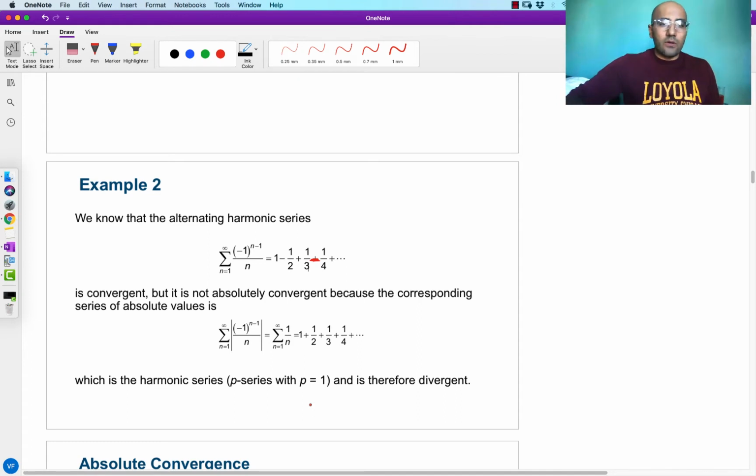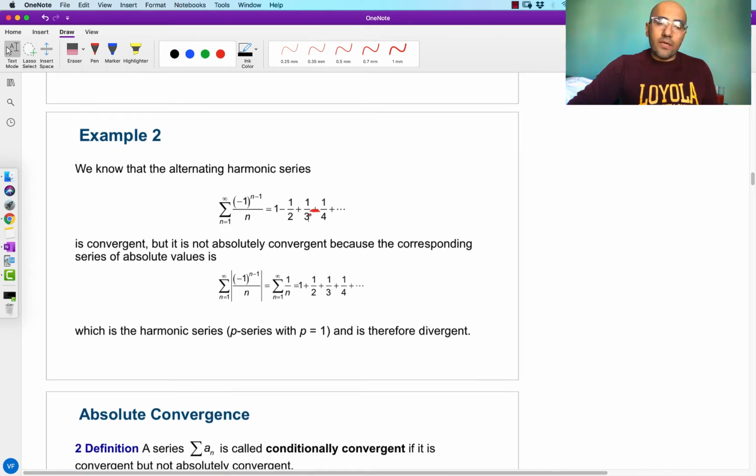So here we have a case where we know that the alternating harmonic series does converge. We've already established that by the alternating series test. But we've shown that when we take the absolute values of individual terms, it results in something that does not converge. So this is not absolutely convergent.